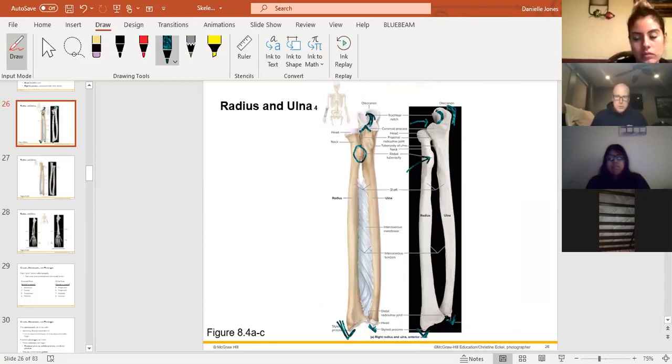Whenever you come across a rad friend, you give them a thumbs up. And that thumbs up tells us, radius is rad and it's on the thumb side. So if we're looking at anatomical position, thumb is lateral, it's rad, so radius is on the lateral side.